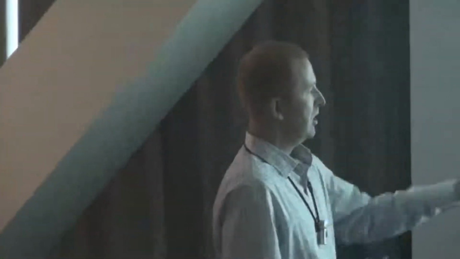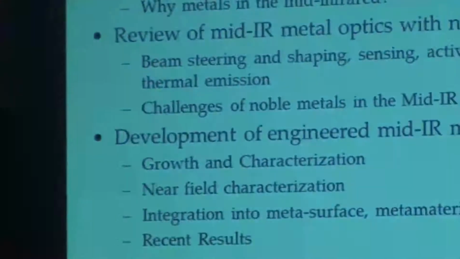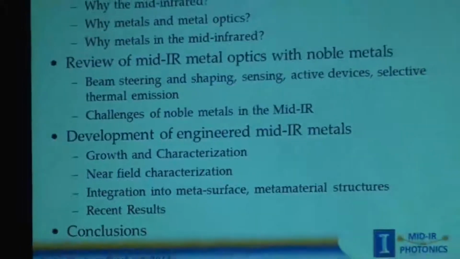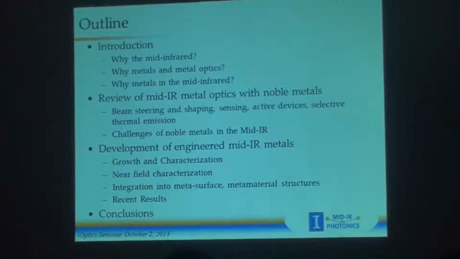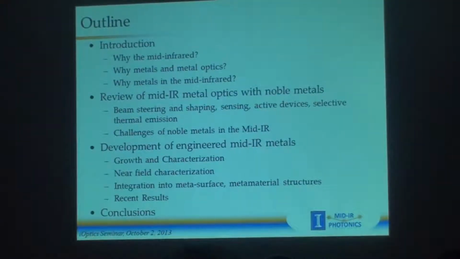So that's gold and silver and these sorts of things. And I'm going to talk about some of the challenges associated with using these traditional metals at these long wavelengths. And then I'm going to talk about our recent work on how and why we decided to basically make our own metals. I'll talk about a number of different projects where we looked at these designer metals and eventually moved towards nanoscale photonics using these types of materials, and then I'll end with conclusions.